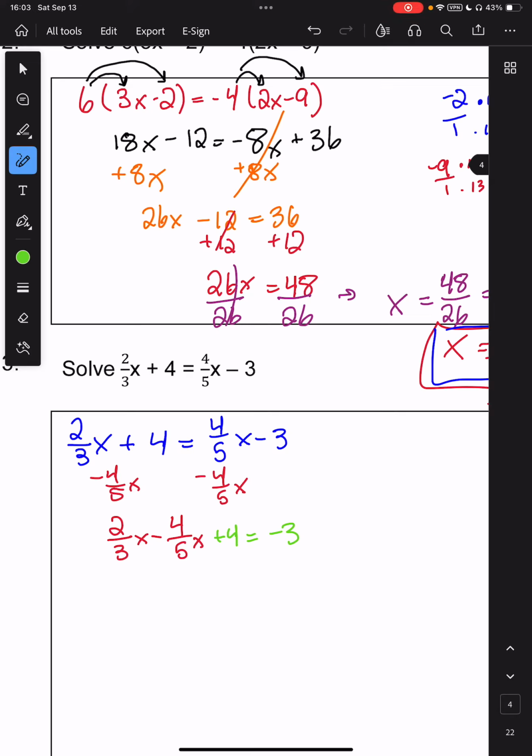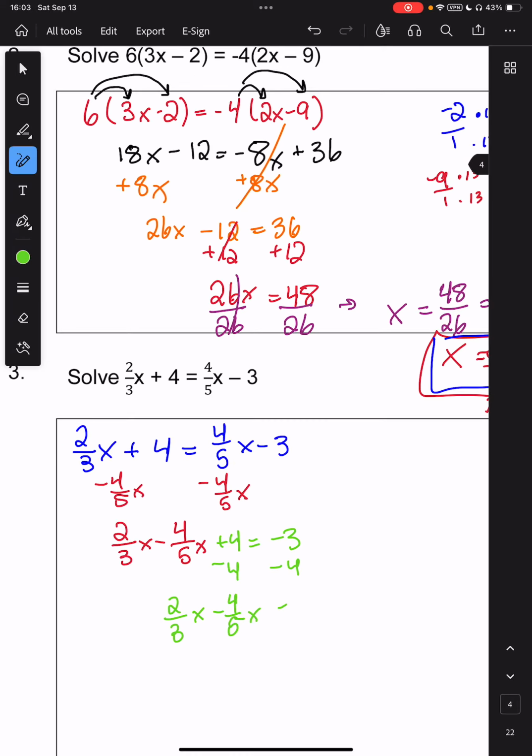So now let's subtract 4 from both sides so that we're left with, on the left side, just our 2 x's, so 2 over 3x minus 4 over 5x, and then that's equal to negative 3 minus 4, or negative 7. So the easiest way to solve our fractions, since we don't have common denominators, what I like to do, the rule is to multiply the bottom denominator.